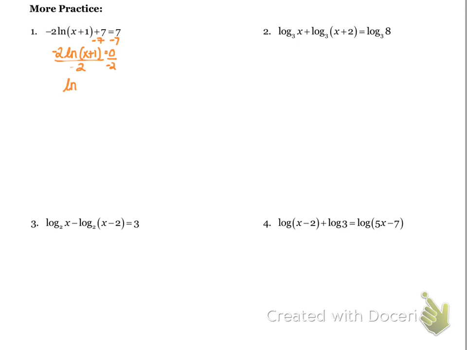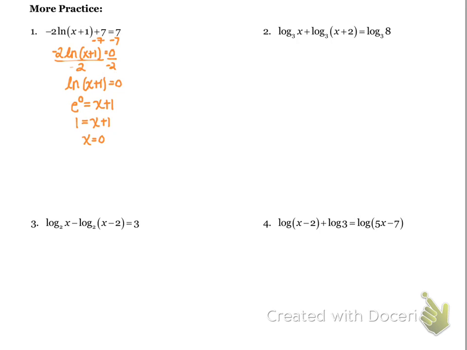Now, don't be alarmed that you're getting 0. 0 is a number. We can use it because look what's going to happen. ln has a base of e, so when I rewrite it, I'm going to say e to the 0 equals x plus 1. Well, what's e to the 0? 1. So we have 1 equal to x plus 1. Subtract 1 from both sides, x equals 0.